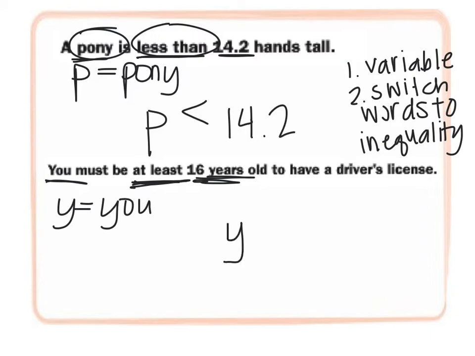So can I be 16? Yes. So I need to be either older than 16 or 16, so greater than or equal to 16. This is me, Miss Conlon, and I need to be either 16 or older in order to drive. Okay?